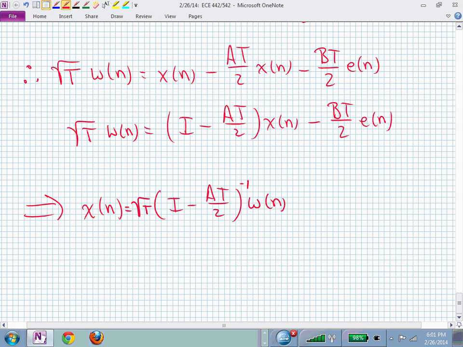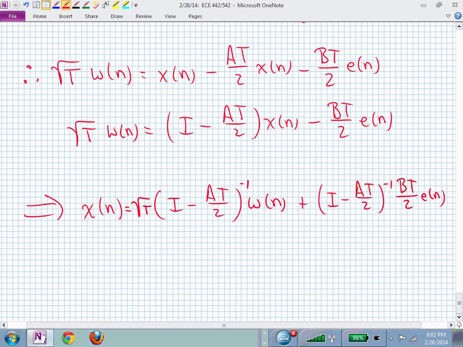If I hit everything on the left by I minus at over 2 inverse, x of n becomes the square root of t I minus at over 2 inverse w of n with what else? Is that okay?